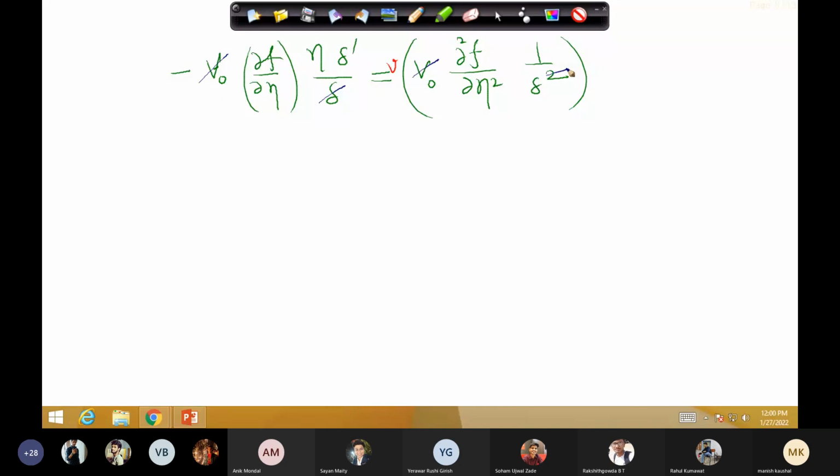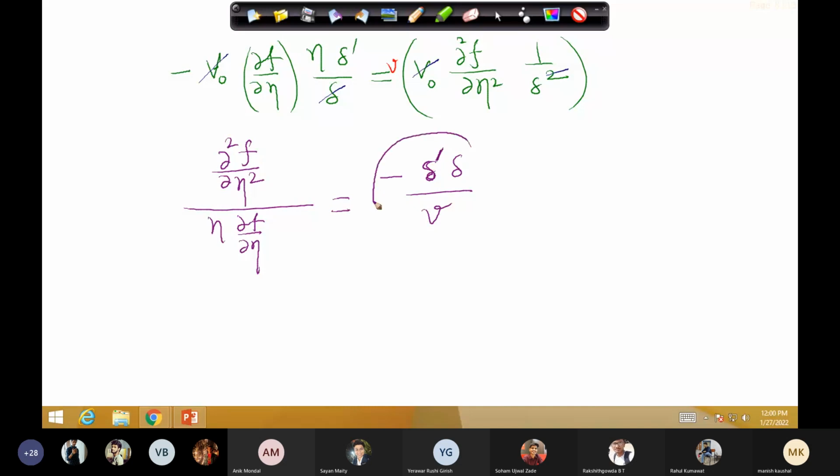And then we are going to write it this way. ∂²f/∂η² divided by η ∂f/∂η is equal to, I think, minus δ' by δ into ν. And from here onward, we can use the concept that, see, what is this a function of, anyone?